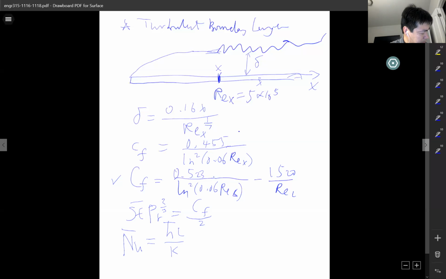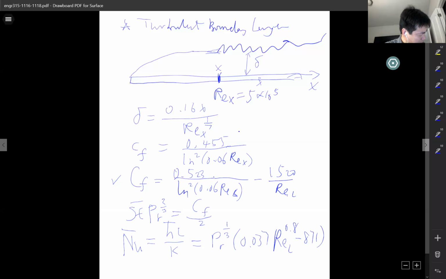Then it becomes Prandtl number to the 1/3 times 0.037 Reynolds number L to the power of 0.8 minus 871.